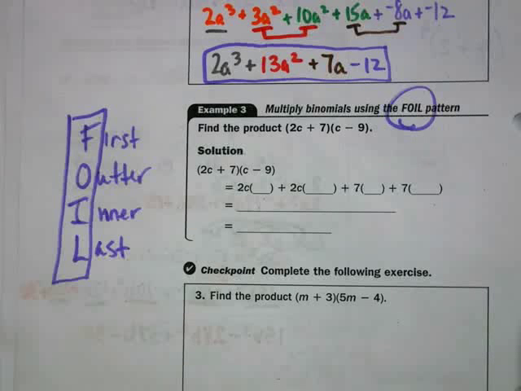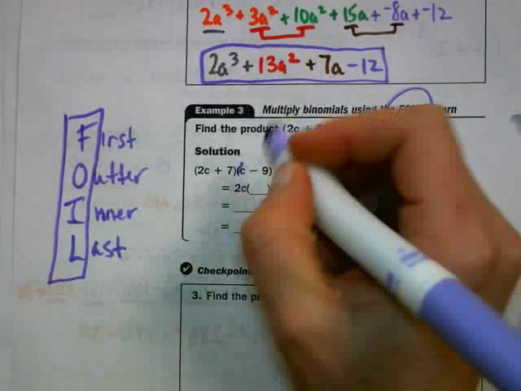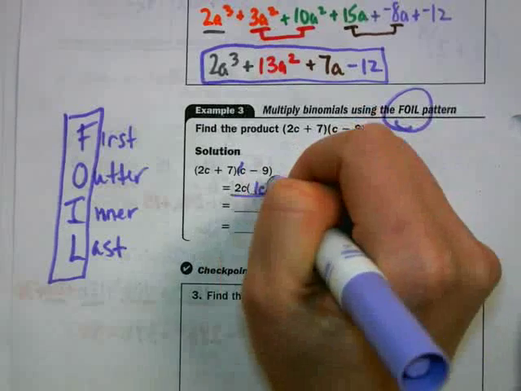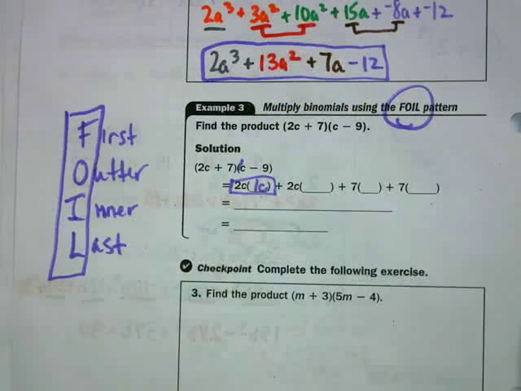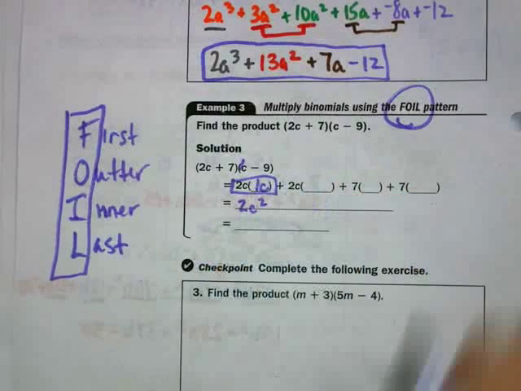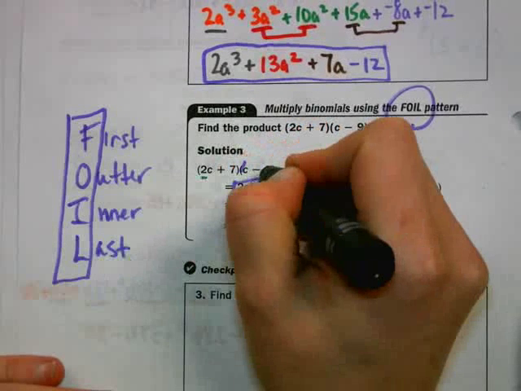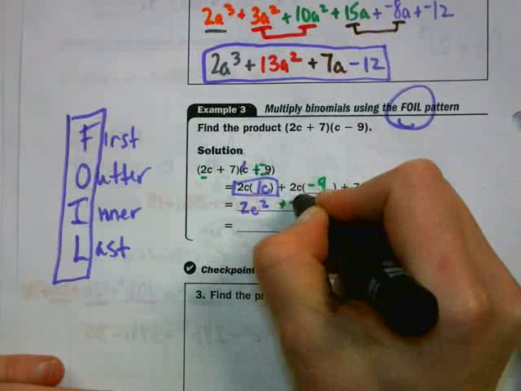So 2C times 1C. Those are the firsts, right? First term times first term. What do they make? They make 2C squared, because the exponents on those C's are 1. Then we do the outers. 2C times negative 9 is negative 18C.